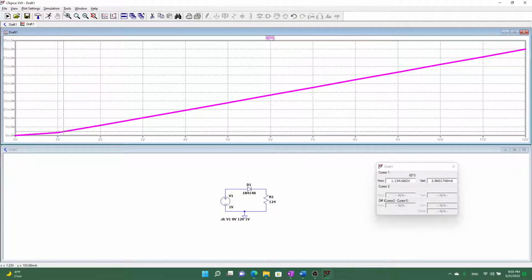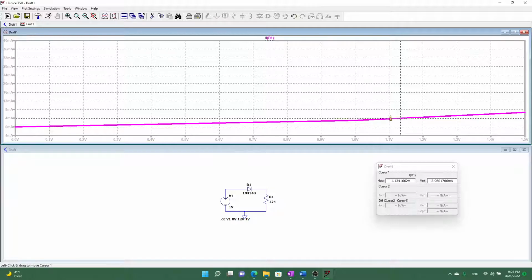I can't quite catch the value, so I can zoom in on this area. Maybe that will help us. 4.060403. There it is. 1.14 volts.